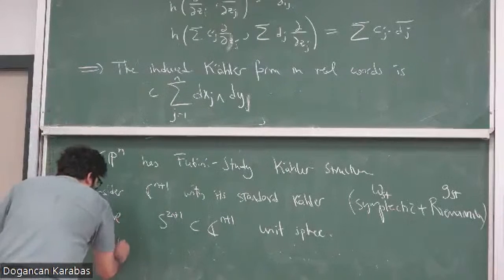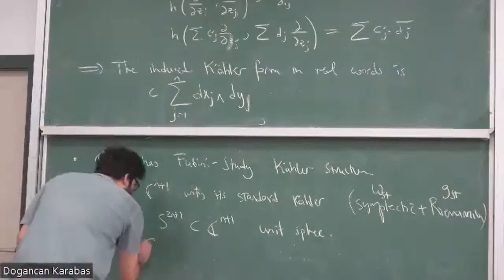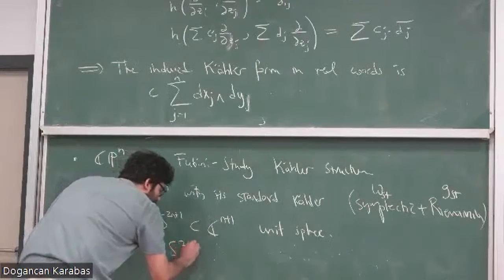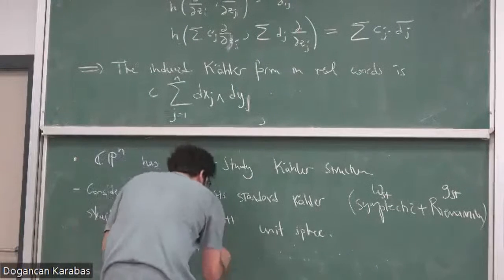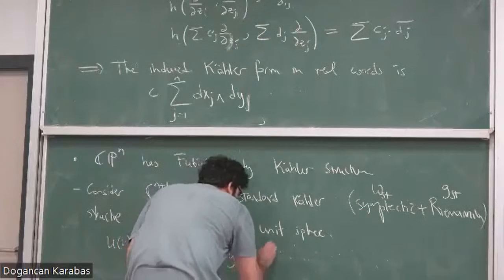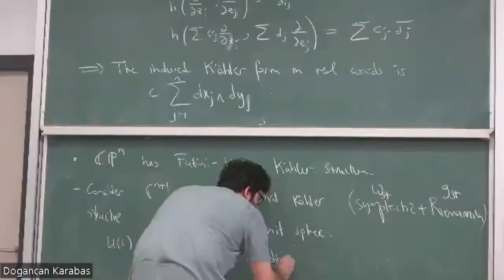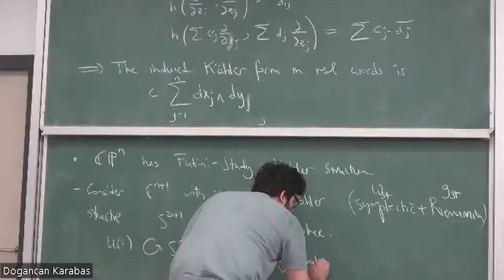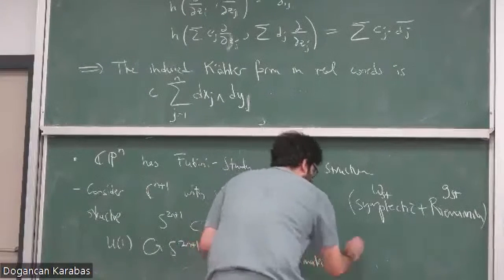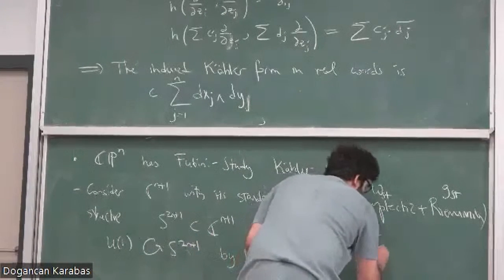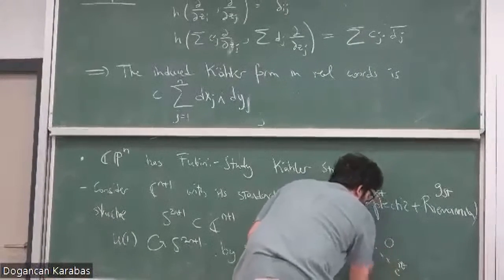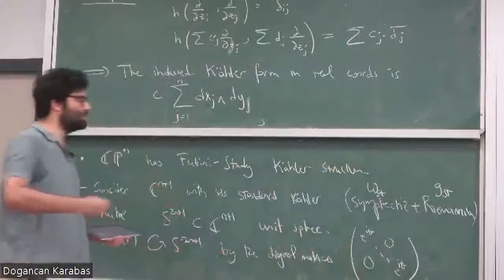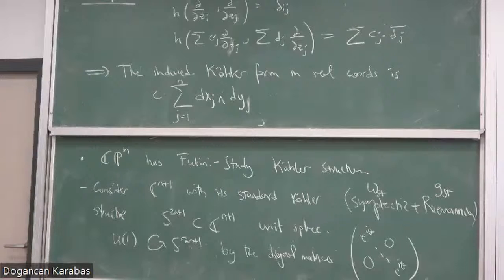U1, the circle, acts on S2n plus 1 by diagonal matrices like e to the i theta, so it just multiplies every coordinate by e to the i theta.